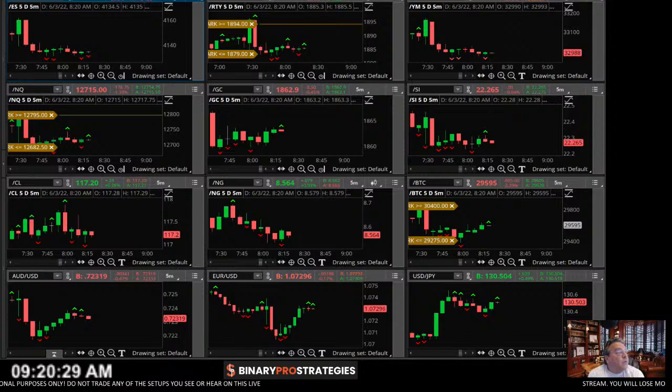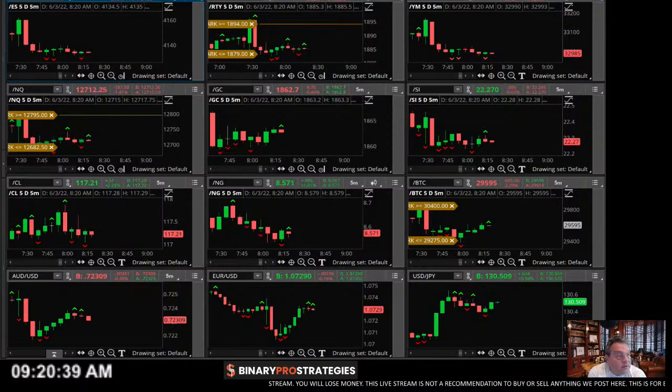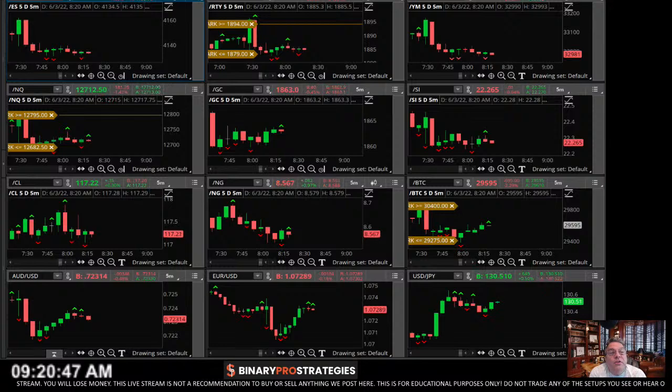So once again, when I'm talking about the indices and I'm talking about commodities, gold, silver, crude, natural gas, Bitcoin, we are using something we call Einstein. It's a formula that provides us with entries, profit targets, and or reversals. And within that formula, we do continue to use patterns.